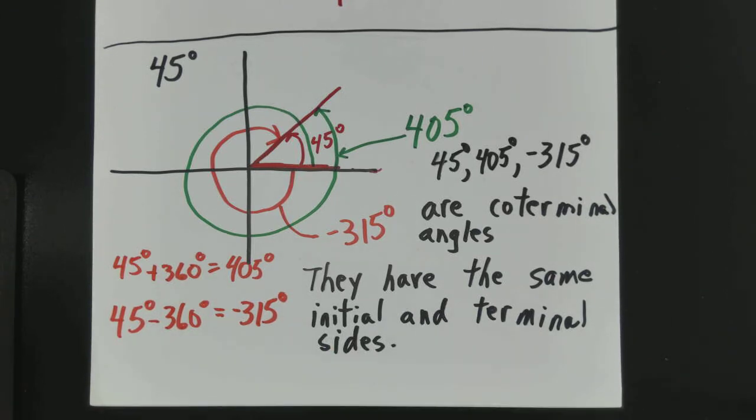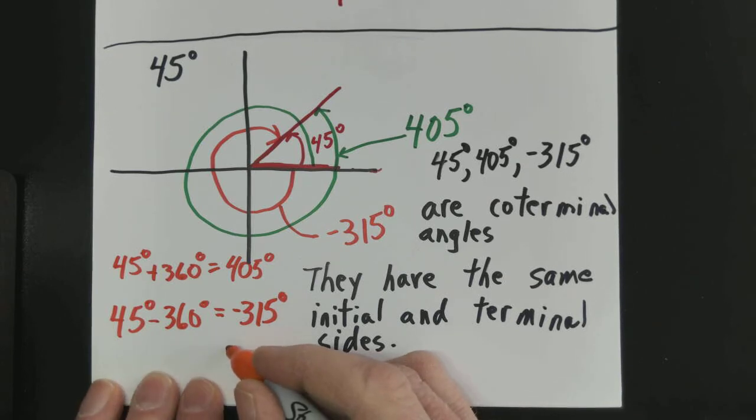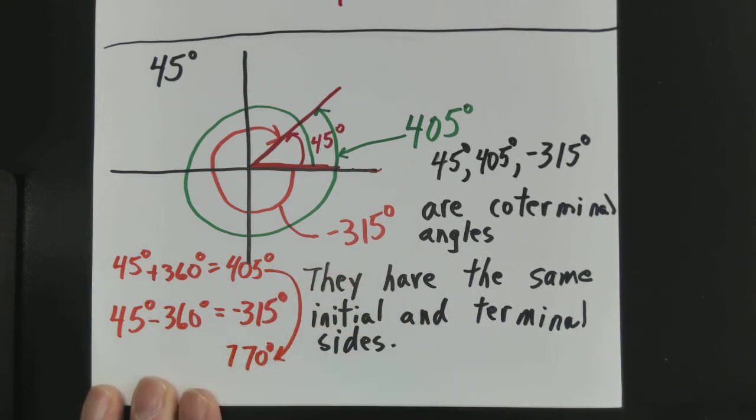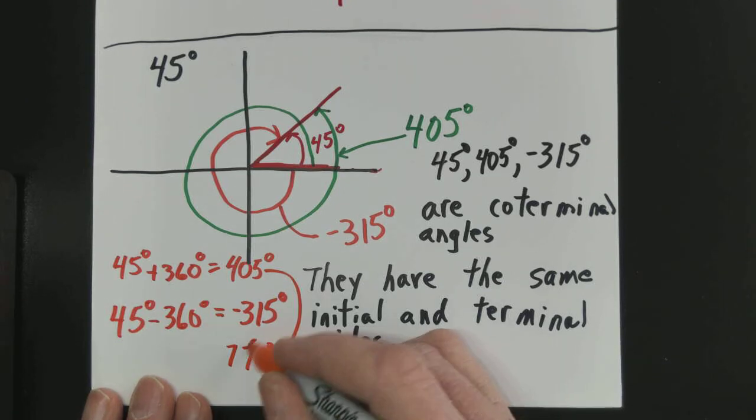Okay, yeah, you just add 360 or subtract 360 again, you'll get another one. And it's the number of times you want to add 360 or subtract 360. If you had to get one more, we could say, what is that? 765 degrees if I add 360 to 405. Is that right? 765.